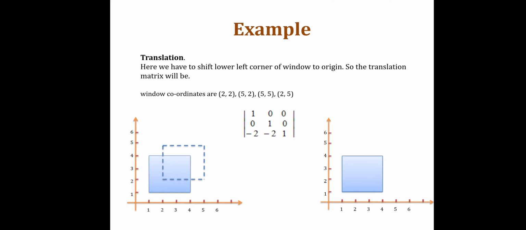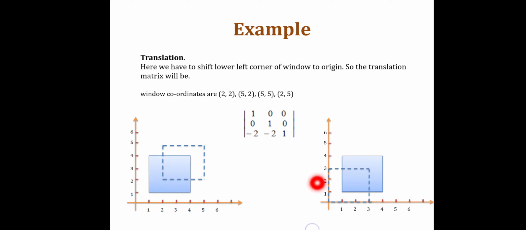Minus 2, which means we have to subtract the value 2, because I want to reach the origin, right. So from the x coordinate I am subtracting 2, and again from the y value I am subtracting 2. So here we are representing the translation value at the third row and the first 2 columns. Okay.